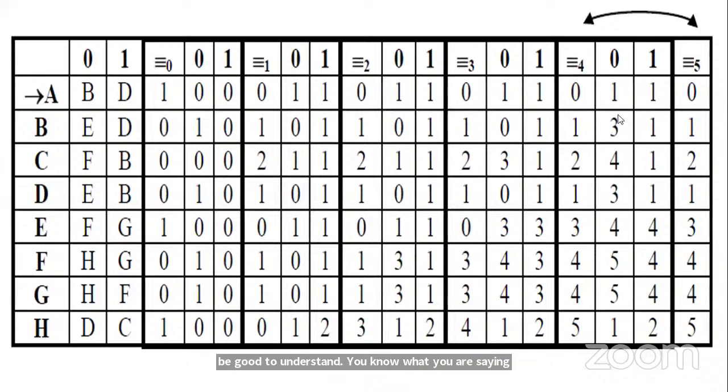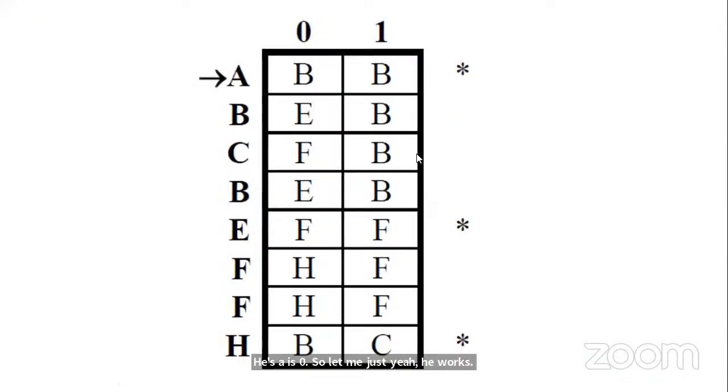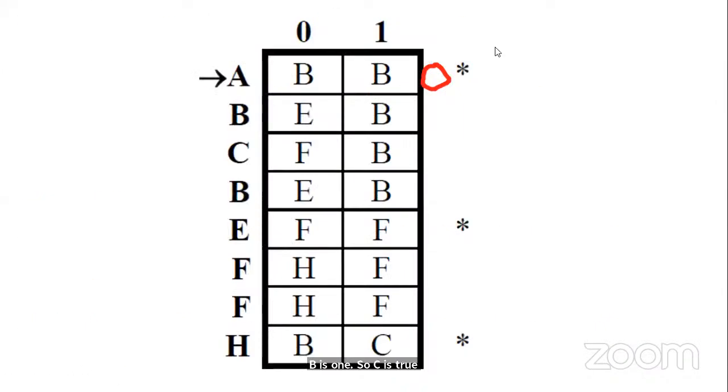A is 0. I'm looking at the last equivalence, trying to bring it forth and back. B is 1, C is 2. So here is 1, 2, and this other one is still 1.